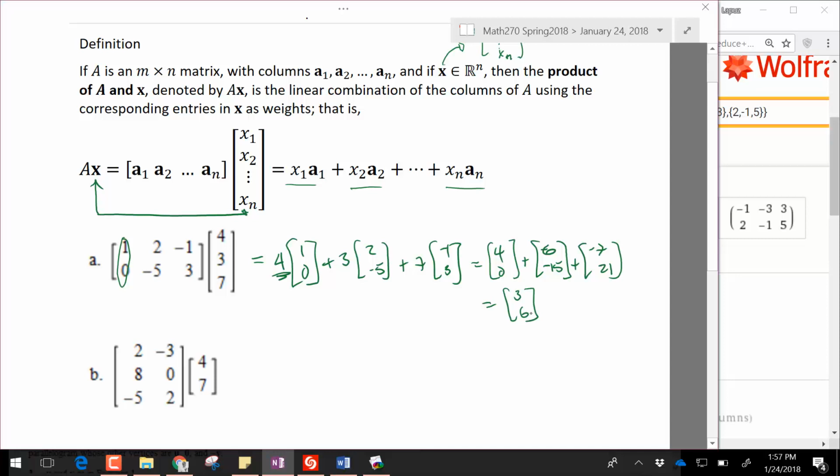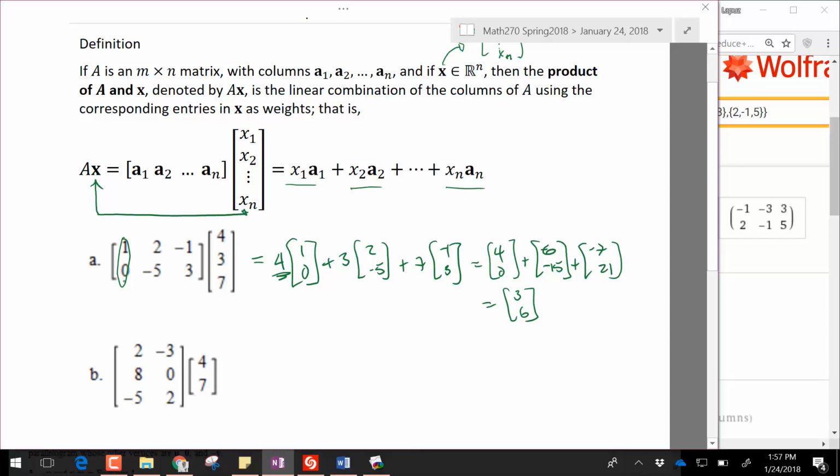So my result here is a vector, and the result is (3, 6). We're multiplying a matrix times a vector.